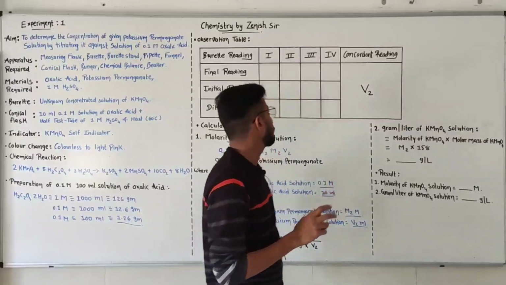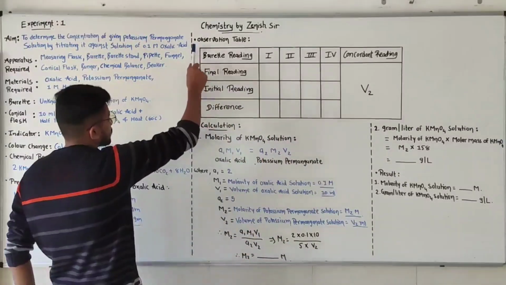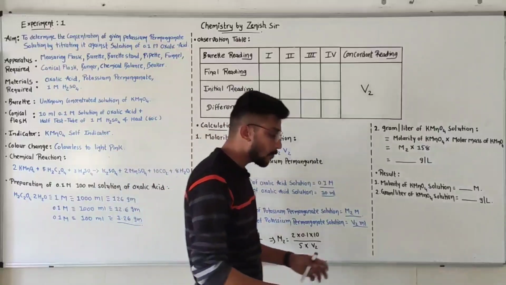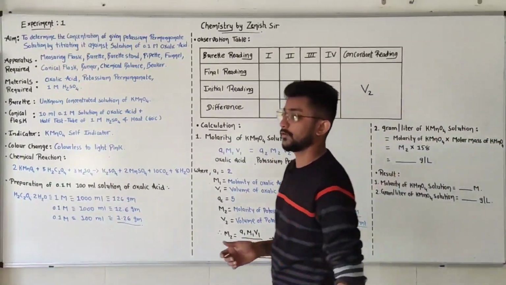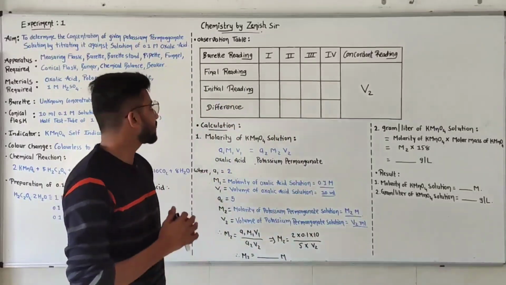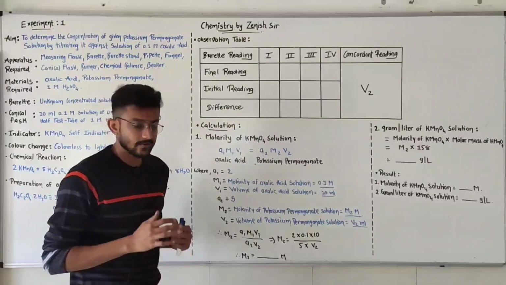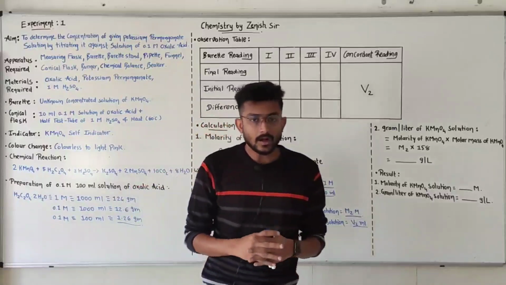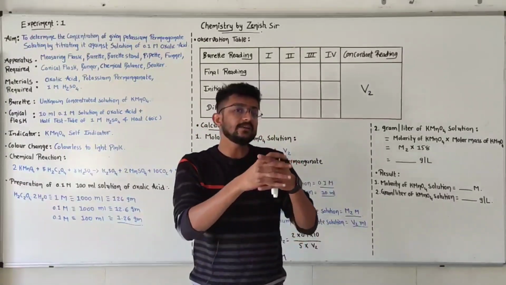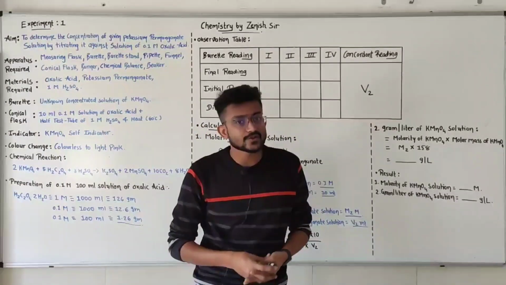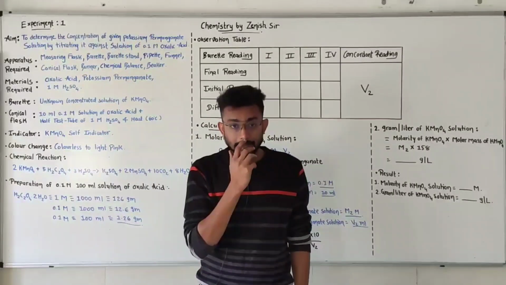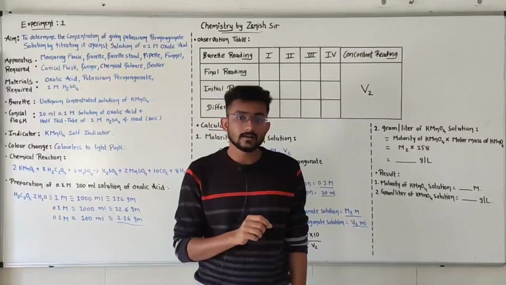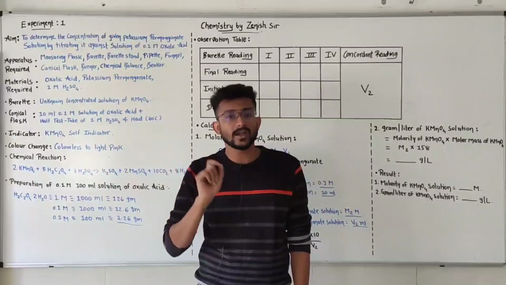Now the next thing is our observation table. How we are going to calculate or how we are going to perform the whole practical. It is very easy. First of all, our burette is filled with potassium permanganate solution, KMnO4. With every single reading, we will make it up to the 0 again.